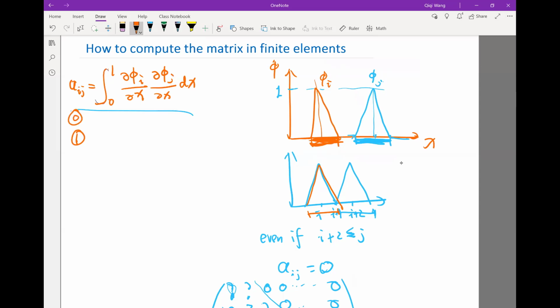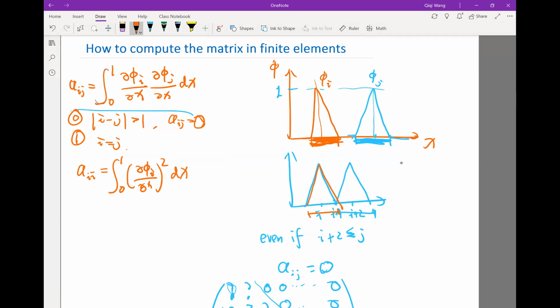The 0th case is already done: if the absolute value of i minus j is greater than 1, then Aij is equal to 0. The second case, i equal to j. Aii, the diagonal of the matrix, is equal to the derivative squared, integrated.